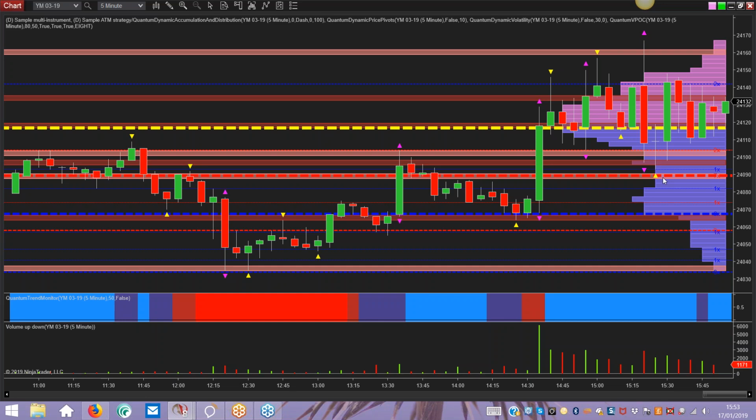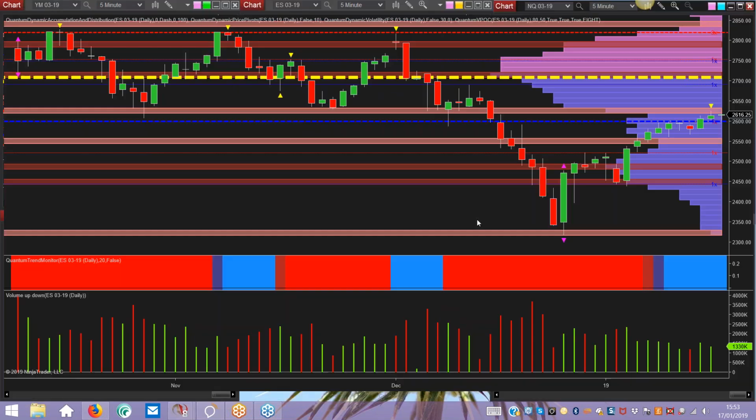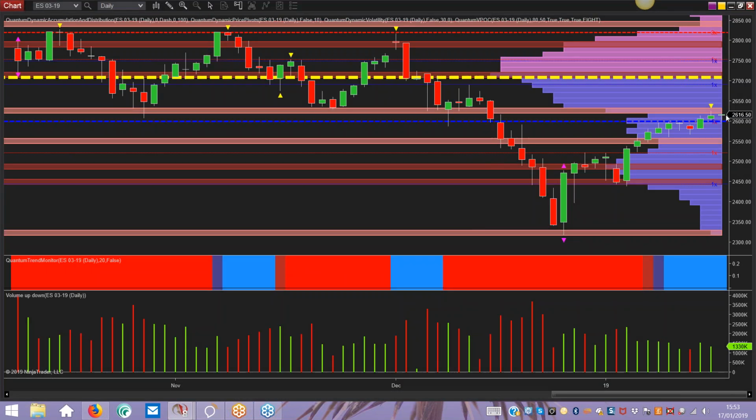Markets go up and they go down, and they go up again and down again, and they're doing it intraday at the moment. Let's pull the ES up on the day. That's where we are.